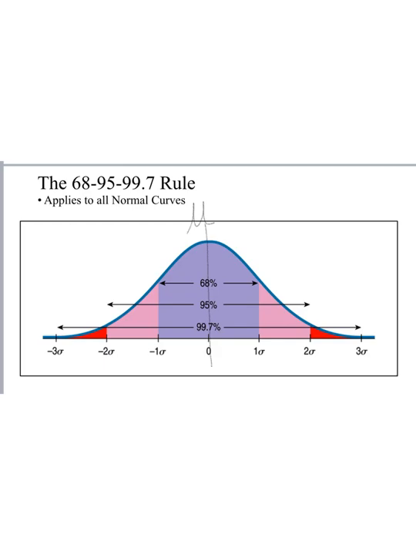If we look at the bottom, 1 standard deviation above the mean, 2 standard deviations above the mean, and 3 standard deviations above the mean. I can go in the reverse order as well. This is 1 standard deviation under the mean, 2 standard deviations under the mean, 3 standard deviations under the mean.